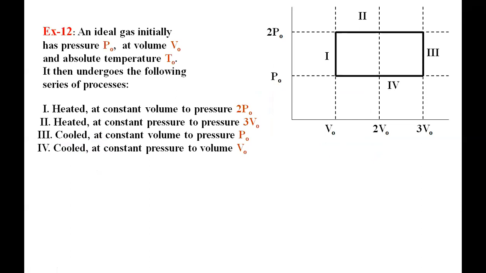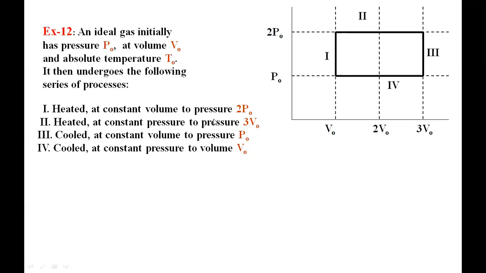Another example: an ideal gas initially has a pressure P naught, volume V naught, and absolute temperature T naught. It then undergoes the following series of processes. Heated at constant volume to pressure 2 P naught.